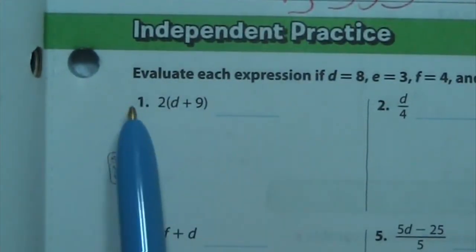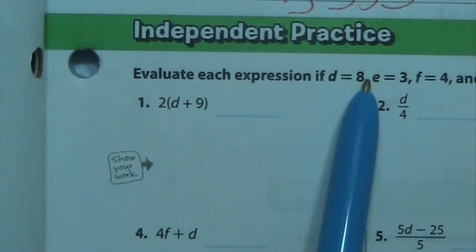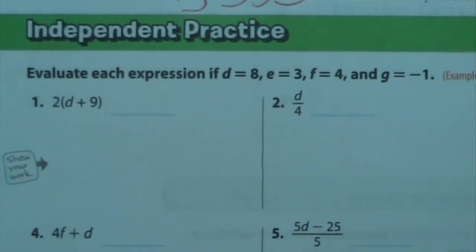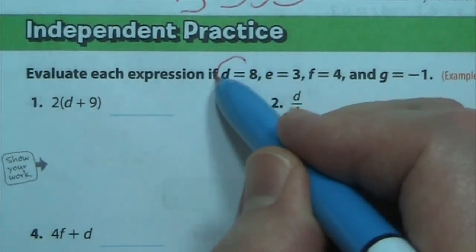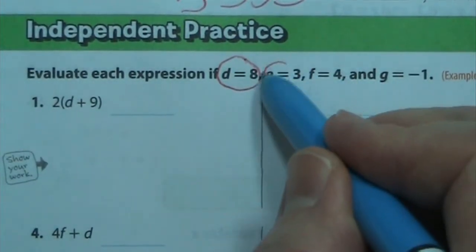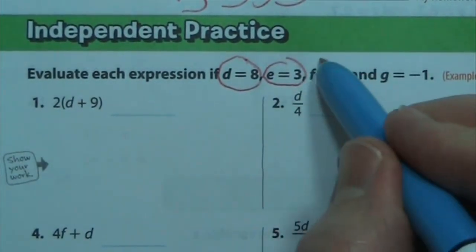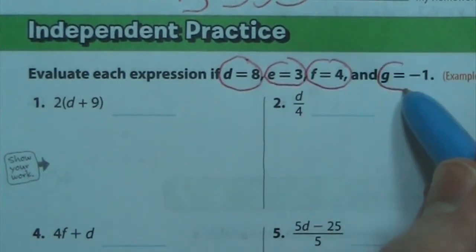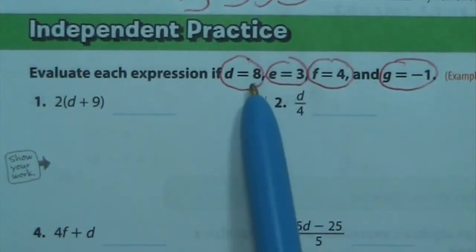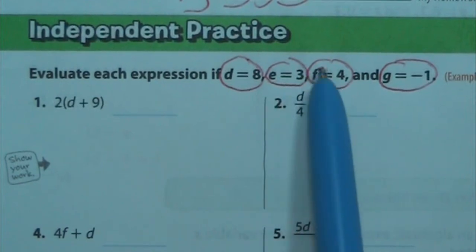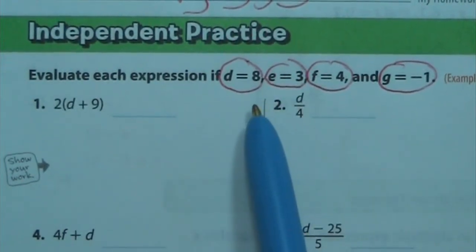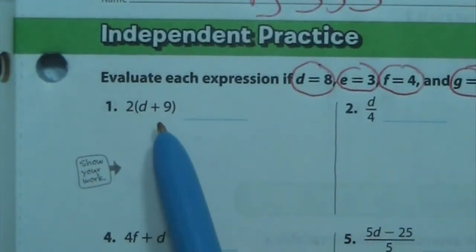Okay, let's do number one here. Let's do this one because I have the numbers right there. So it tells you that D is 8, E is 3, F is 4, and G is -1. They're telling you that's what these numbers are, and you're going to plug them in and give it an answer. So let's do this one right here.